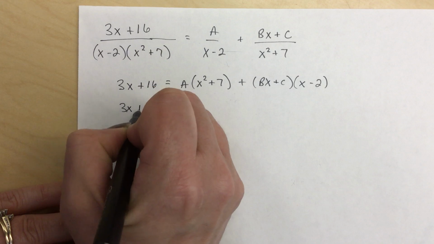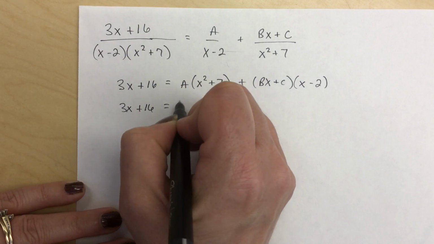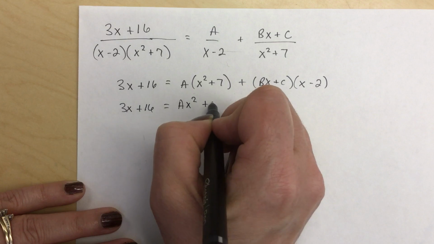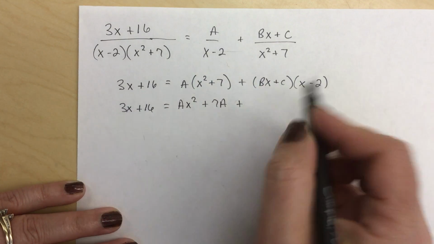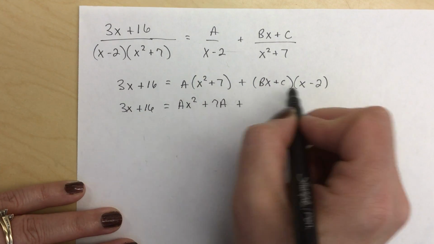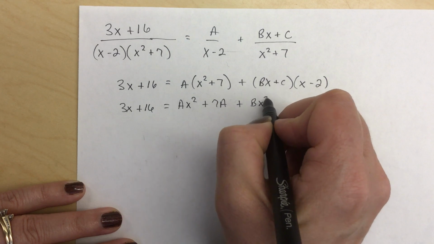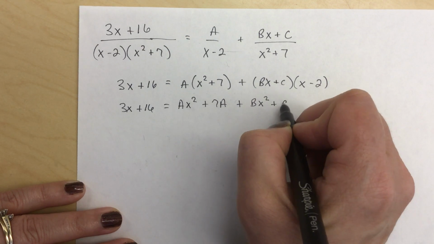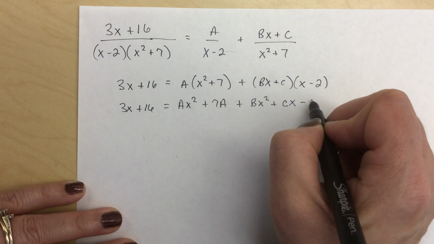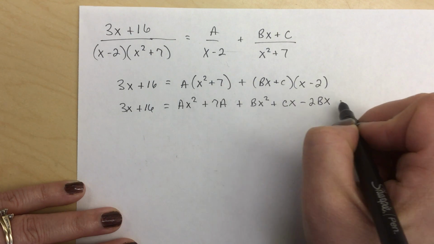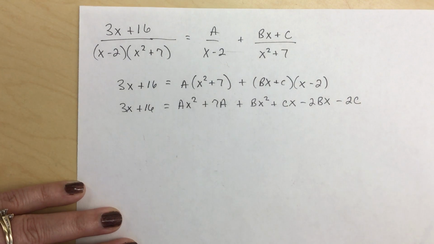So 3x plus 16 is equal to ax squared plus 7a, and then make sure you distribute this all the way through. This would be bx squared plus cx minus 2bx minus 2c.